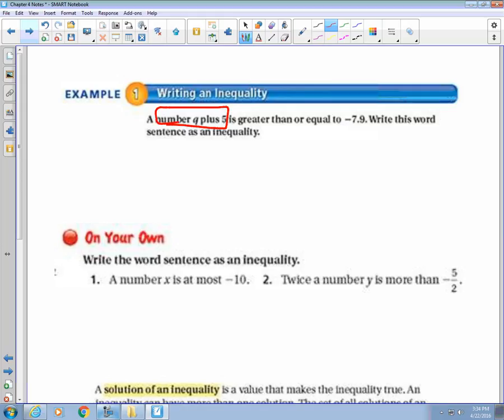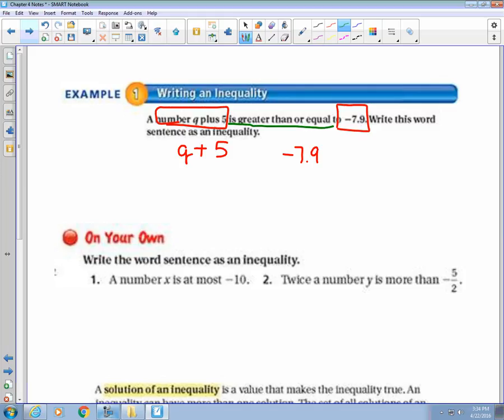It's telling me some number that we're going to call q plus 5 is an expression. The other expression I see down here is negative 7.9. And then I need to look for the word phrase that tells me the inequality. It says is greater than or equal to.